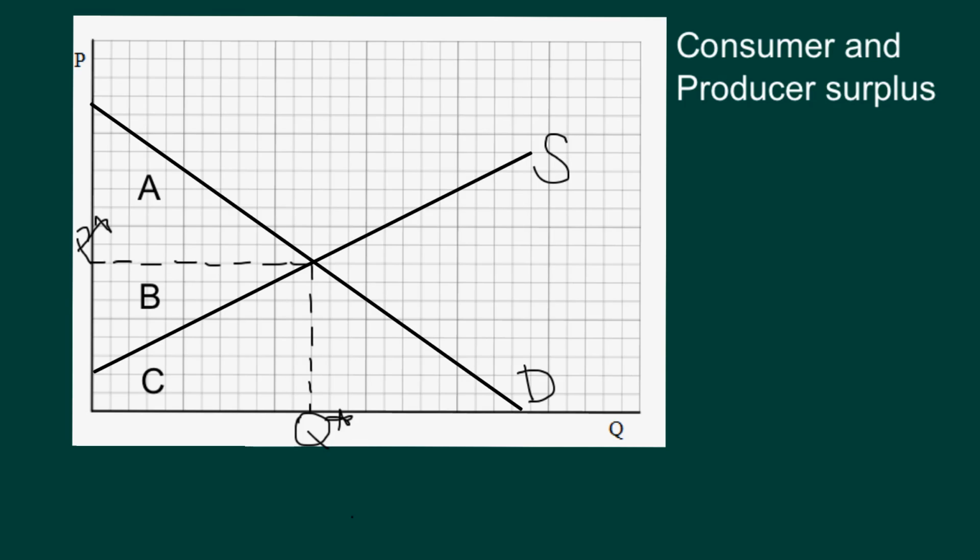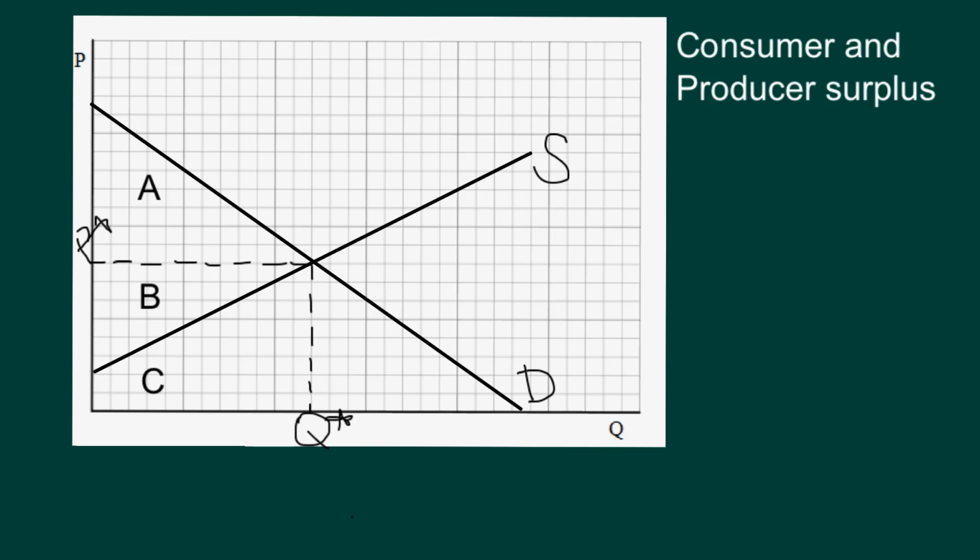But I also want to talk about it in another way, just another way to help you understand why these areas are so magical. For the consumer, the total value of the product they're looking at buying is represented as the distance from the demand curve all the way down to a price of 0, where the good is free. When we say, for example, that this quantity here is worth this price, it's because to the consumer that unit is bringing them an additional benefit that is worth P dollars.